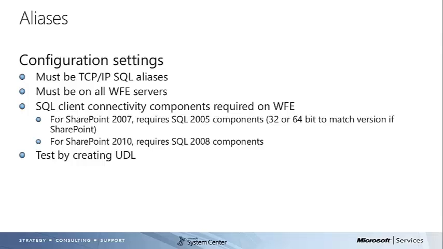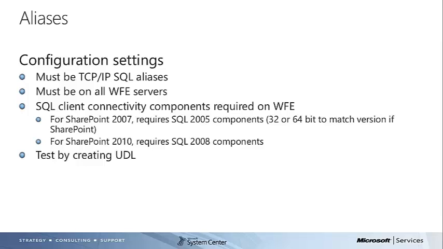And there is one quick test for this by creating a UDL file, and I say it's a quick test because really all it's doing is testing to make sure real generic aliases are set up correctly. But in the end, I've seen many times where UDL files will work and all the other tests work, telling us aliases are working.